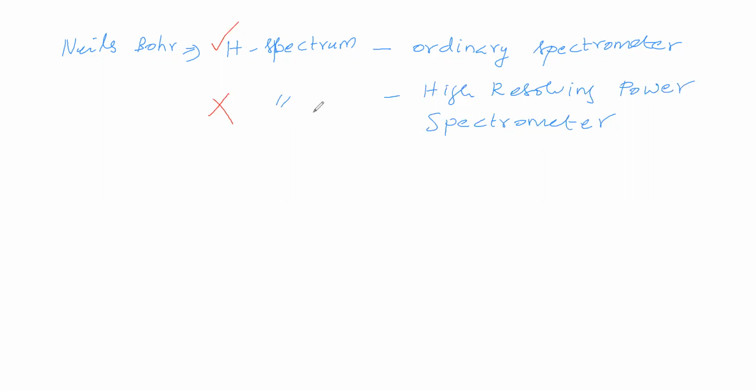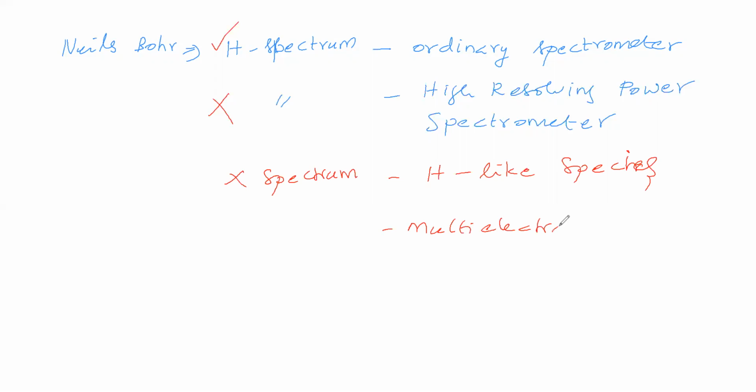So this hydrogen spectrum cannot be explained by Niels Bohr. Likewise, the spectrum of hydrogen-like species is unable to be explained by Niels Bohr.